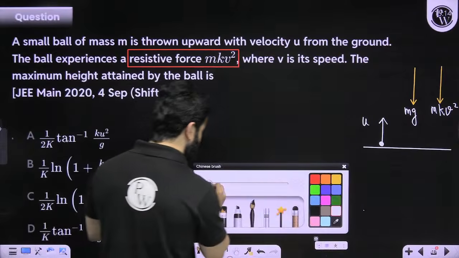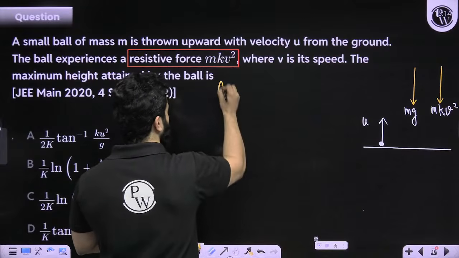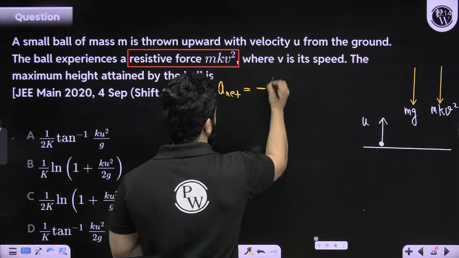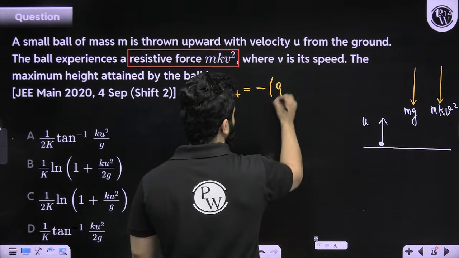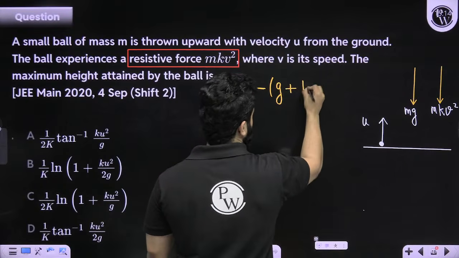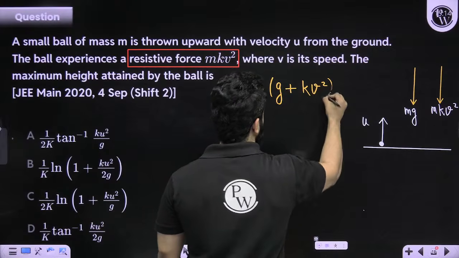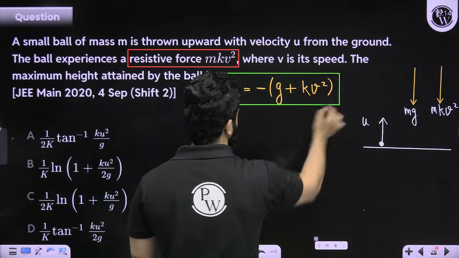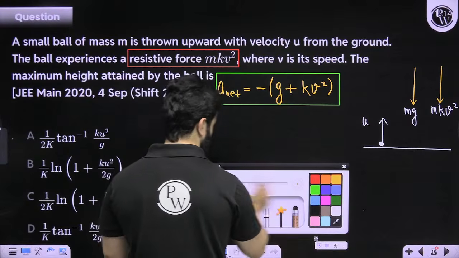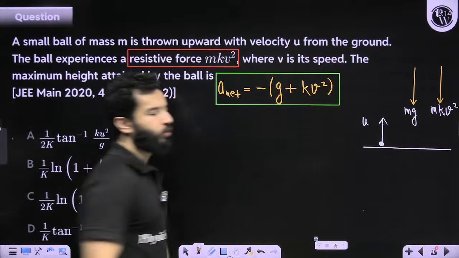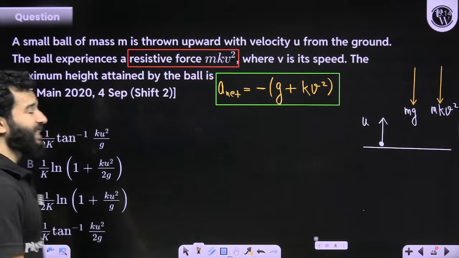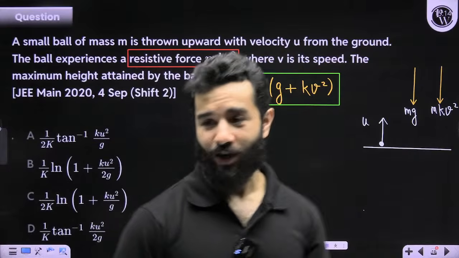So now the net acceleration, acting in downward direction, will become g plus k into v square. They are asking what is the maximum height attained by the ball?